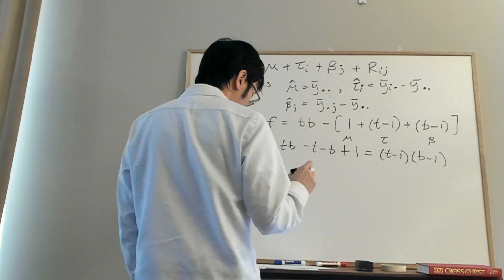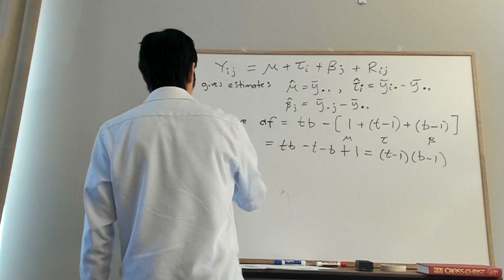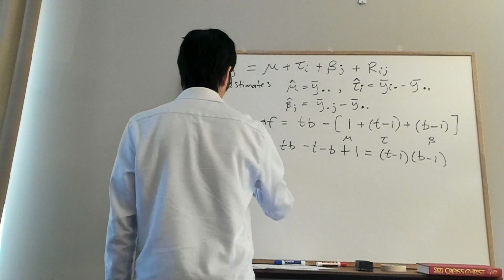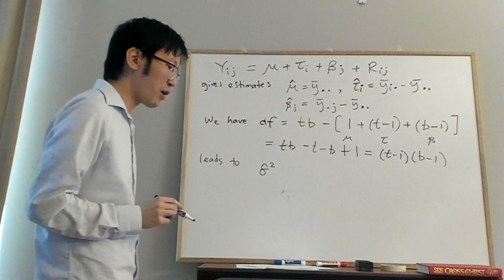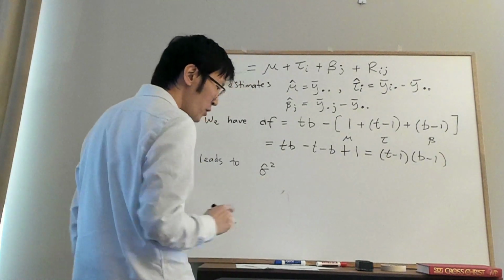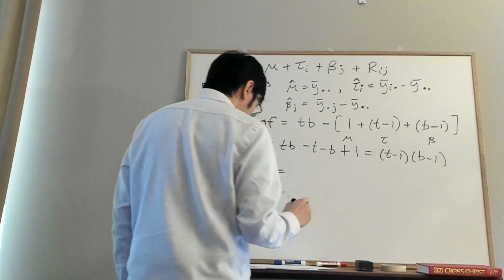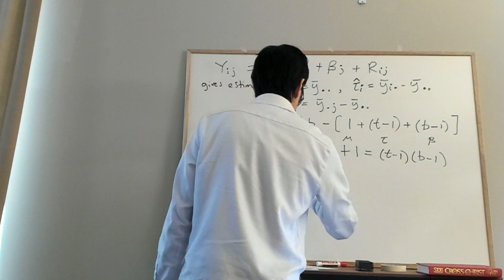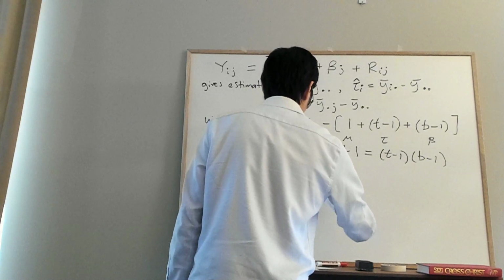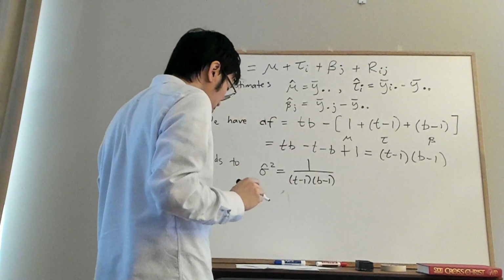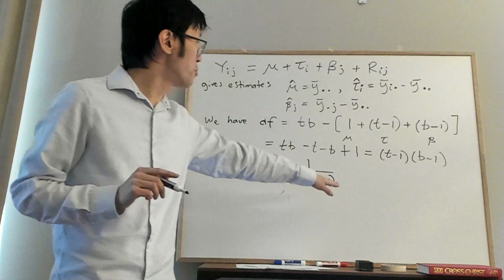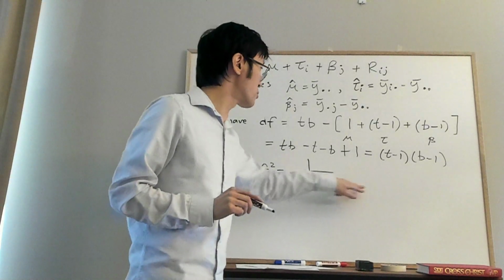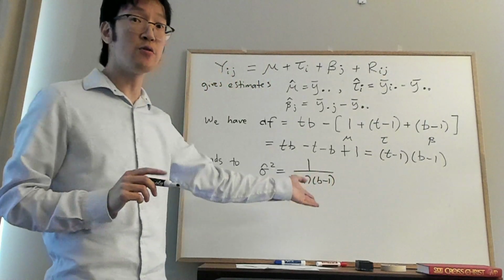So we estimate the variability that's left over after fitting the models, sigma squared hat. I do 1 over the degrees of freedom, T minus 1 times B minus 1, and then a term known as the residual sum of squares.